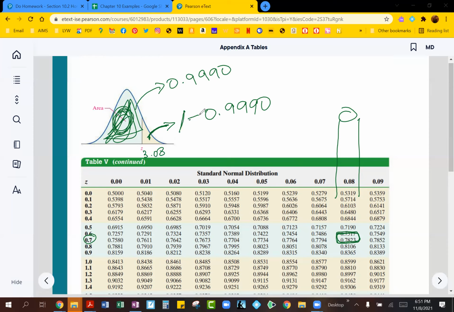So when you do 1 minus this number, and if it helps, you can write it as 1.0000 minus 0.9990. And as you can see, this will come out to be 0.0010 technically, but we're rounding it to 3 decimal places. So that's how you are calculating your p-value from here.